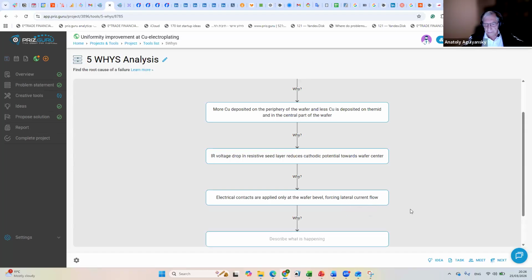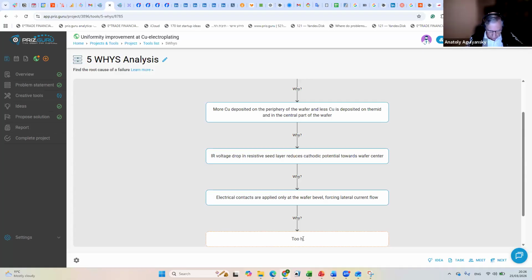And the final one, I would say what's happened is that electrolysis strongly depends on the voltage.